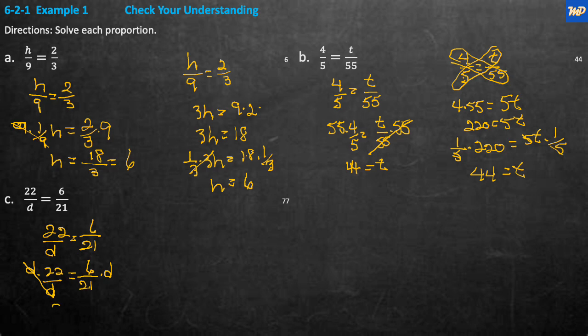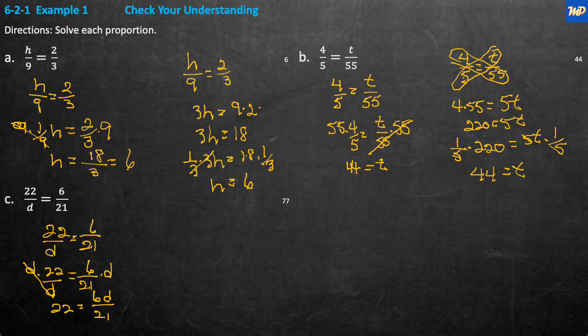And we have 22 equals 6d divided by 21. So now, in order to clear this, we have to multiply both sides by 21 over 6 and leave the d on this side, right? So in order to do that, we're going to multiply both sides.